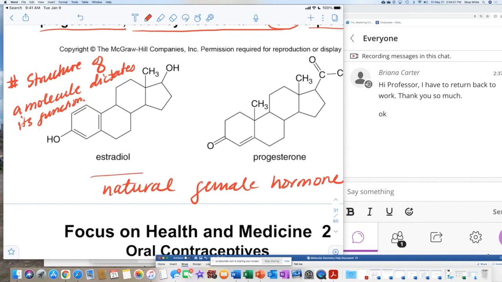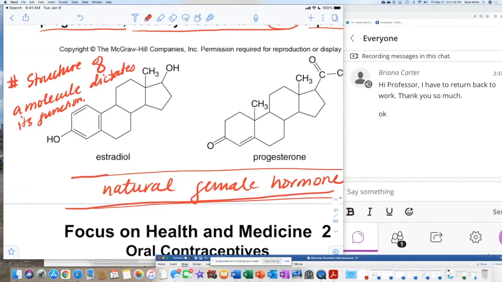So you can see here, these are natural female hormones. When the pharmaceutical scientist, which, man, my gifting is teaching, not business. But let's imagine a different world where I was a gifted business person. These people come to a chemistry class, they're learning about molecules, and the question they're asking in their head is: how can I monetize this information? They're learning about the molecular structure of natural female hormones, and they recognize that female hormones fluctuate.